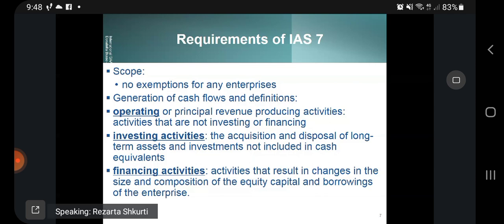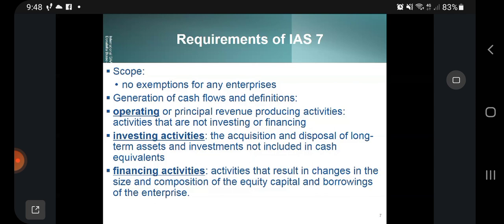Financing activity will summarize everything that changes the financial structure, every time you issue new debt or retire the existing debt. That means that you are paying or receiving money. You will include that in the financing activity.